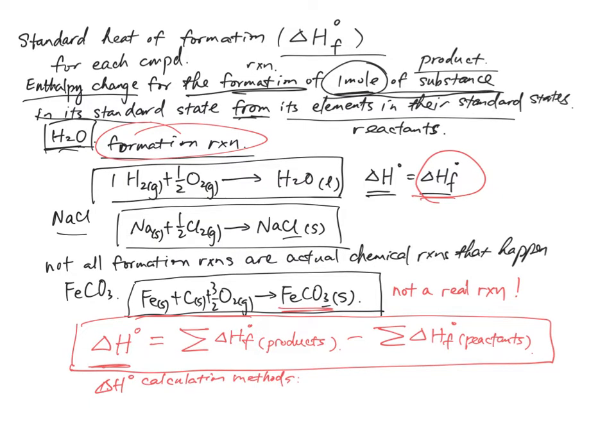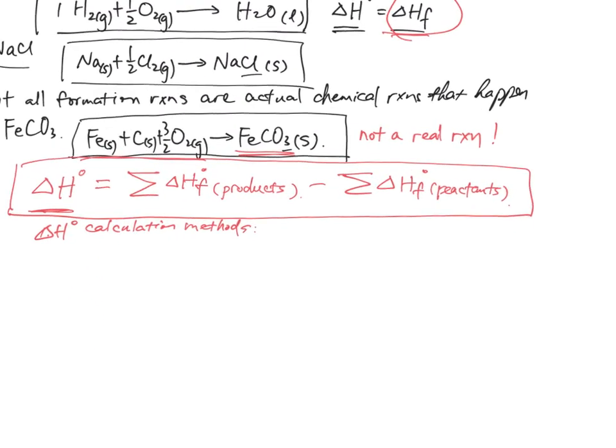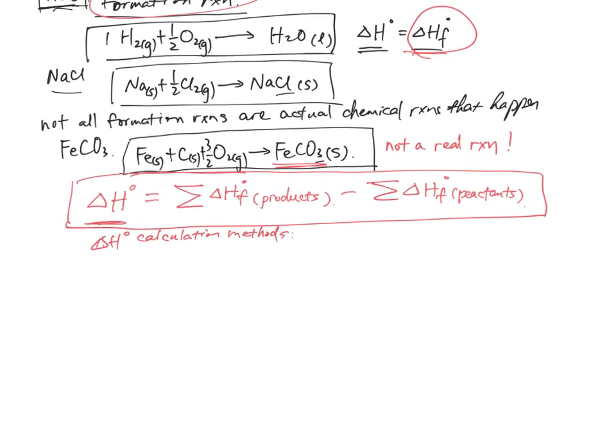Right now, we have one experimental method with calorimetry, where we use delta H plus Q equal to 0, and we do all the measurements, all the experiments, then figure delta H out.